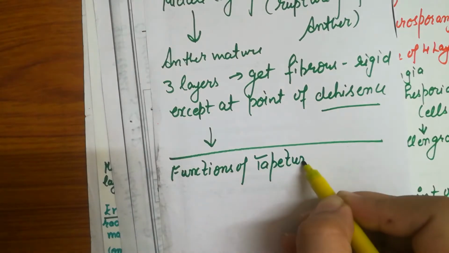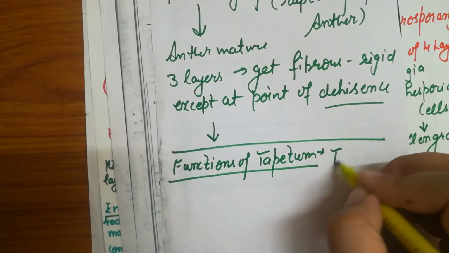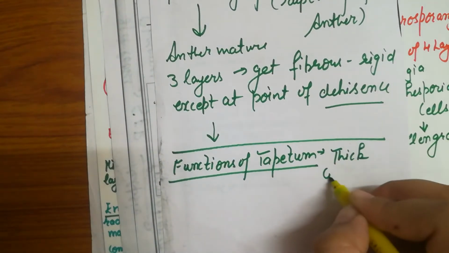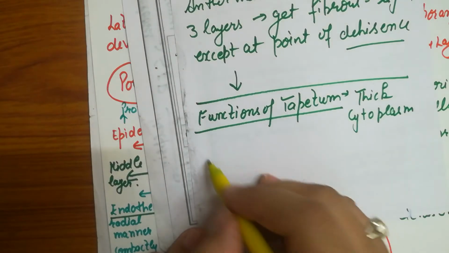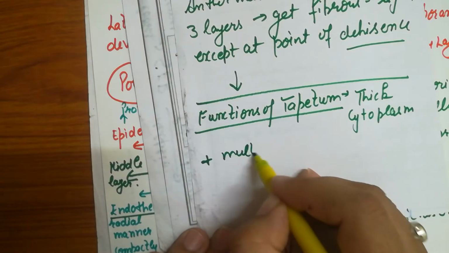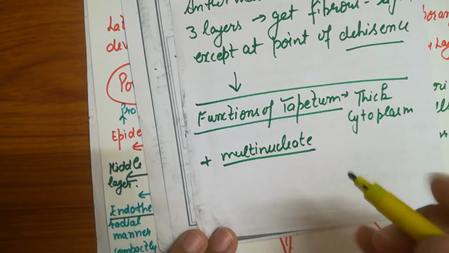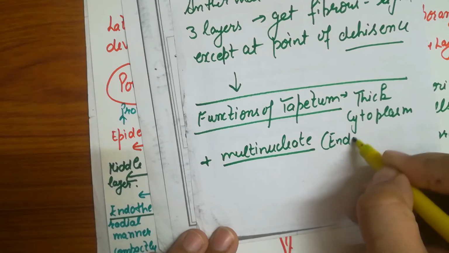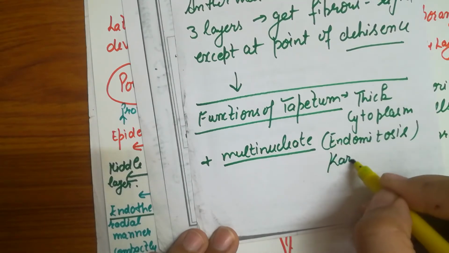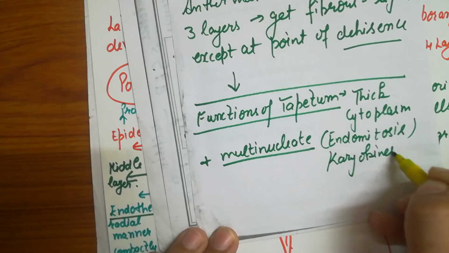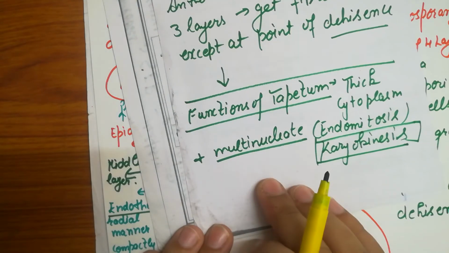As I said, tapetum is the innermost layer, which has thick cytoplasm, and it is multinucleate. When something is multinucleate, it undergoes endomitosis, that is only karyokinesis, not cytokinesis, and that condition results in the multinucleate condition.